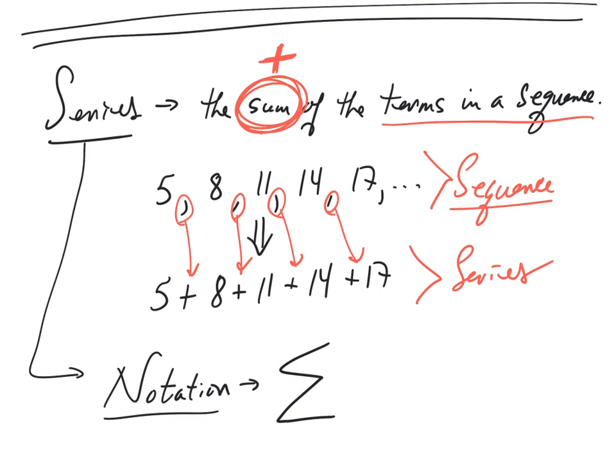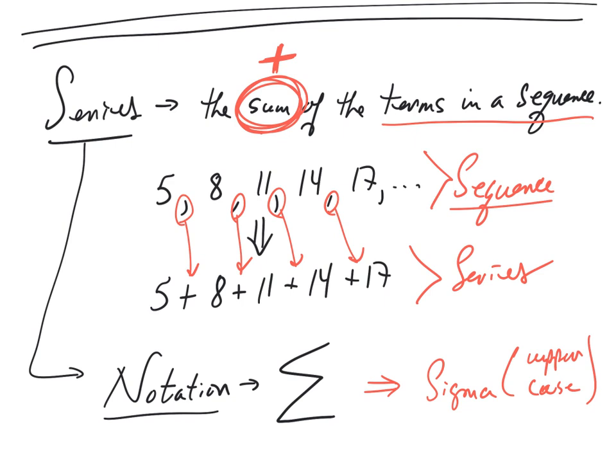Okay, and the notation that we use to indicate a series, we use the Greek letter sigma. All right, so this weird symbol, this crazy looking E that I just wrote down is the Greek letter, and in fact, to be more specific, it's the uppercase Greek letter sigma. Now you might remember the lowercase sigma from chapter 11.